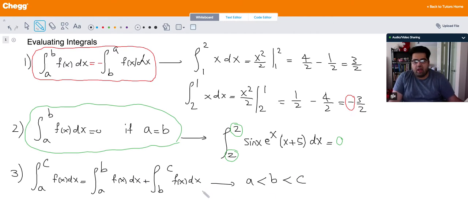That's really helpful to know, because sometimes they give you two of these integrals and ask for the other, and you need to know how to set up the order.